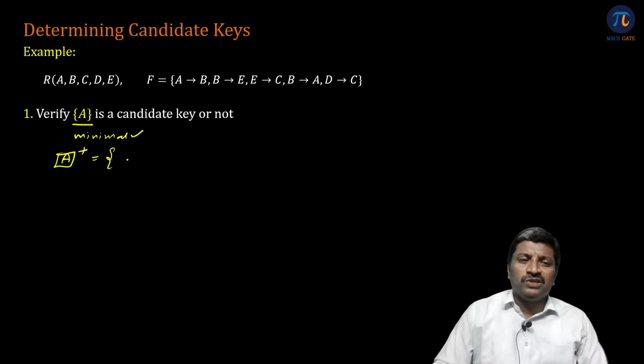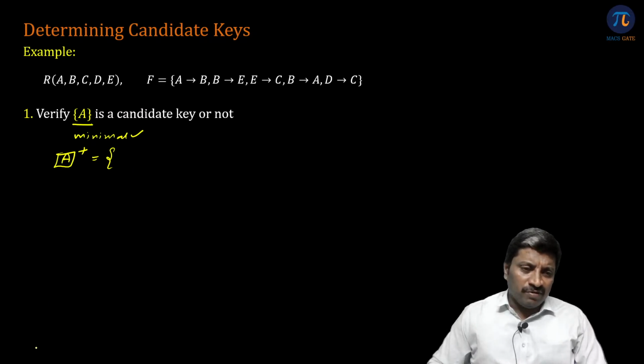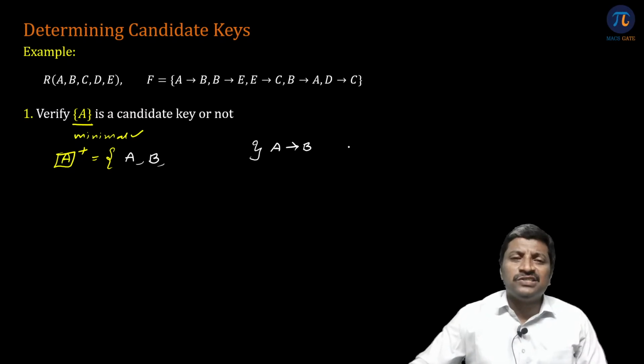The attribute closure from A I can get, from A we can get A. Then anything else? We have a functional dependency A implies B. Fine. Anything else, sir?